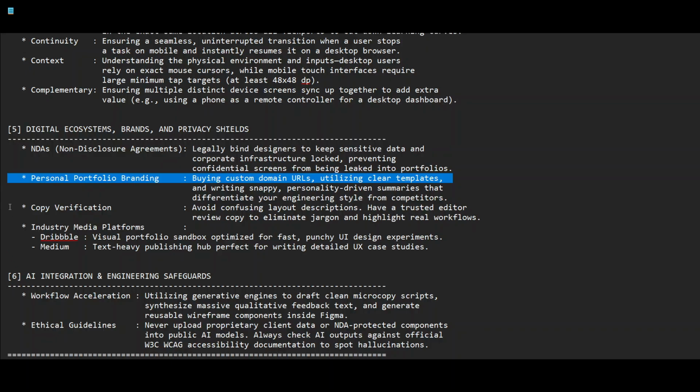And copy verification: avoid confusing layout descriptions, have a trusted editor review copy to eliminate jargon and highlight real workflows.